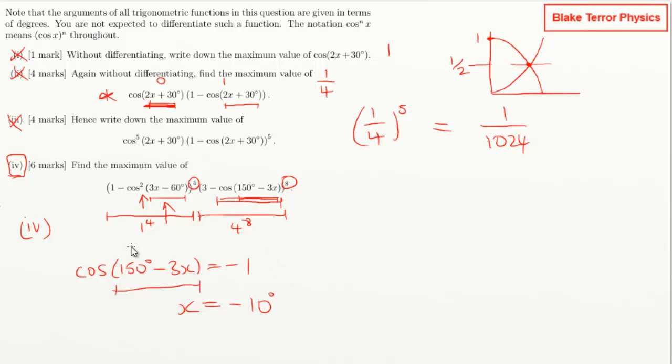So they have given us the easy out of just saying the maximum value is 4 to the 8, which is 2 to the 16. I don't really fancy going through doing more multiplying, so I'll leave it as 2 to the 16. But yeah, they gave us a cop out for 6 marks on that.